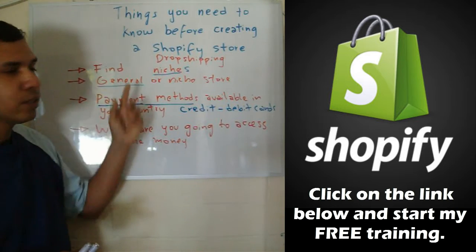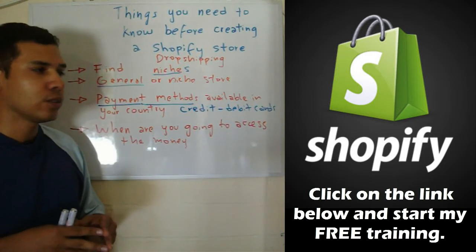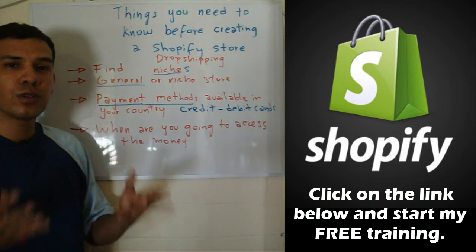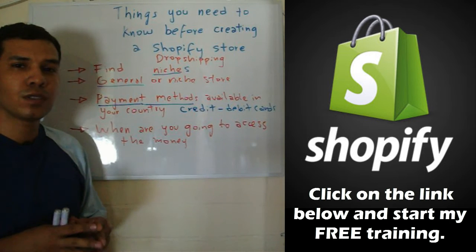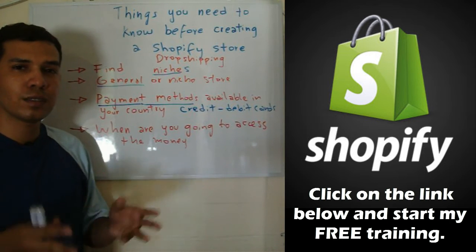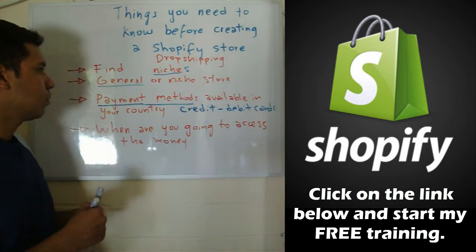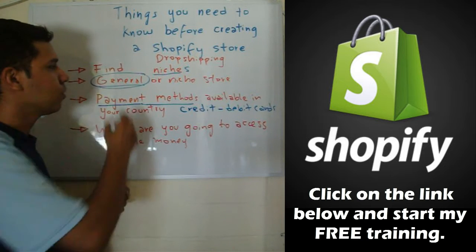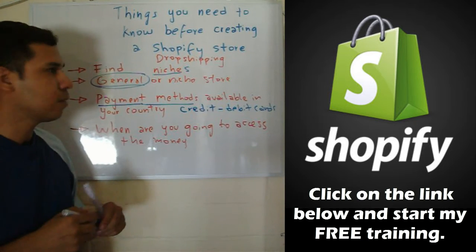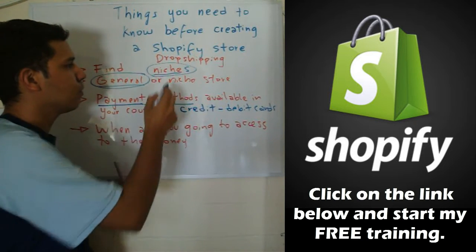Okay, first find a niche. You study your niche. You study who you are going to sell to, where you are going to sell, and what your market's target is. I suggest you first try with a general store, and then try several products. You select products from different niches.